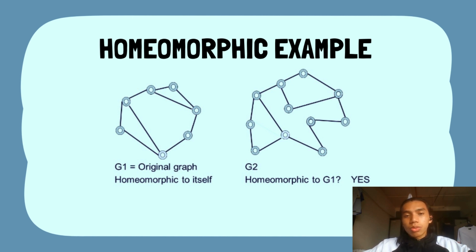This also applies to the regions because even if we change the number of regions, it will still be a homeomorphic graph if we do not create new crossings or violate any planarity of a graph.